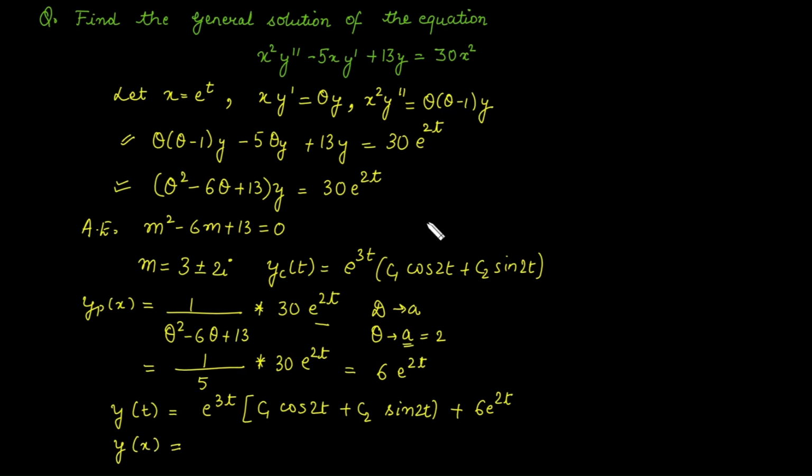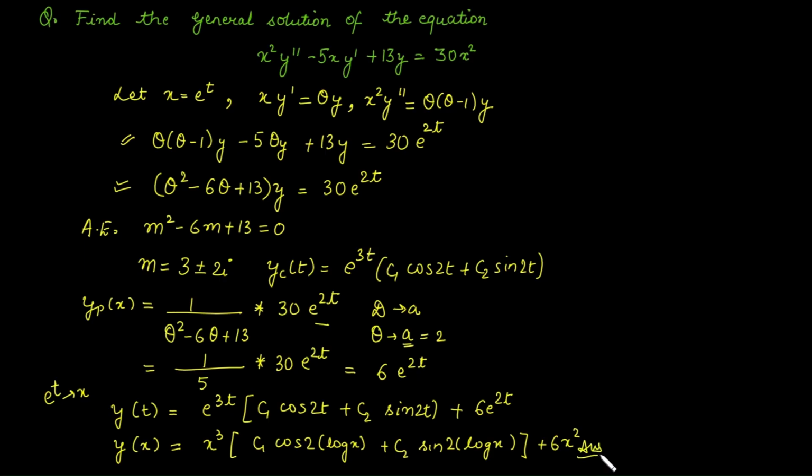We replace e raised to power t by x, and in this case we have x cube over here. c1 cos of 2t is replaced by cos of 2 times log of x, plus c2 sine of 2 times log of x, plus 6 times e raised to power t, replaced by x, so we have x square in this case. And that is the final answer for this question.